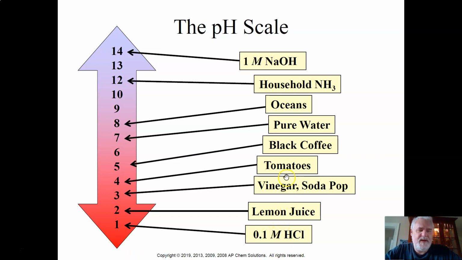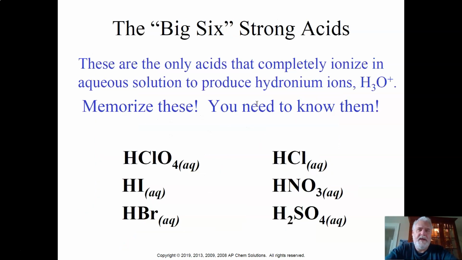But this just gives you an idea of some general household objects and what their pH values are. Some of the things that we're eating are acids and bases. Broccoli is a good example up here, one that has a strong base, that bitter taste to it.